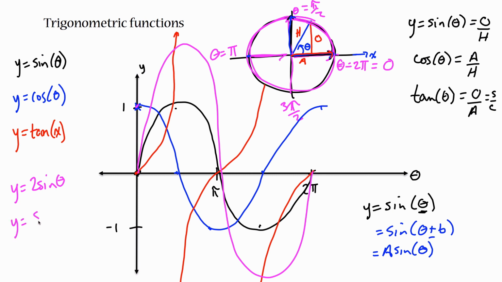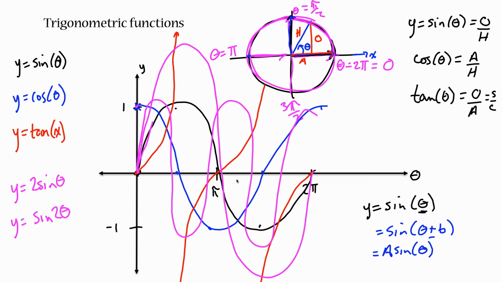So y is equal to sine 2 theta will cycle twice as quickly. So it'll go like that. I think I probably did that too many cycles, but you get the point.